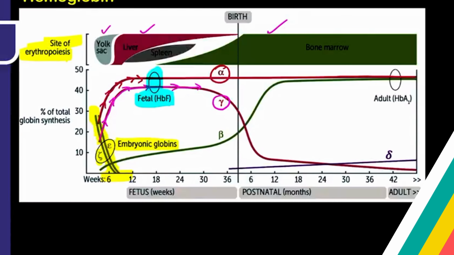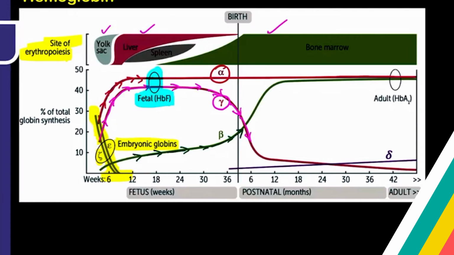But when the baby is reaching the point of birth, the fetal hemoglobin concentration will decrease. Why? Because the gamma chain concentration will start decreasing. Whenever the gamma chain concentration is decreasing, I can find another chain here, like a mirror image of this gamma chain.